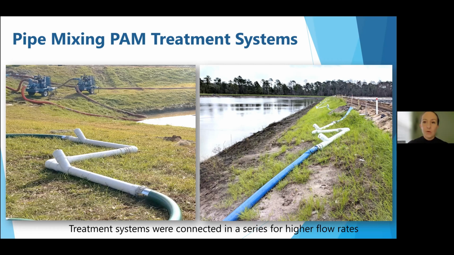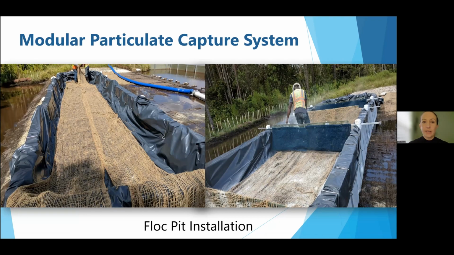So then we pump the water through those, we get the treatment in the systems, and then we still have to collect the particulate again in some manner. In this system specifically, they used again that modular flock pit, constructed out of plastic barriers, and then they lined that with a plastic lining. And then again, you can't get enough jute matting when we're collecting that particulate.